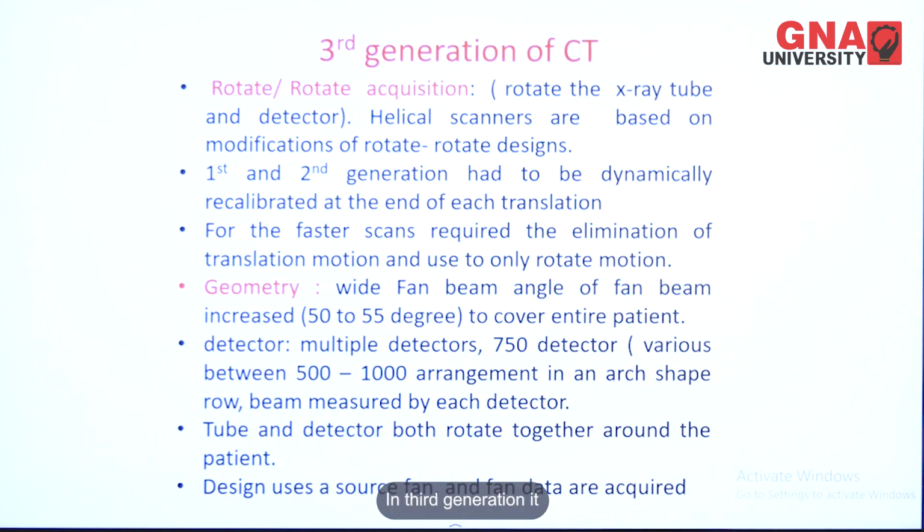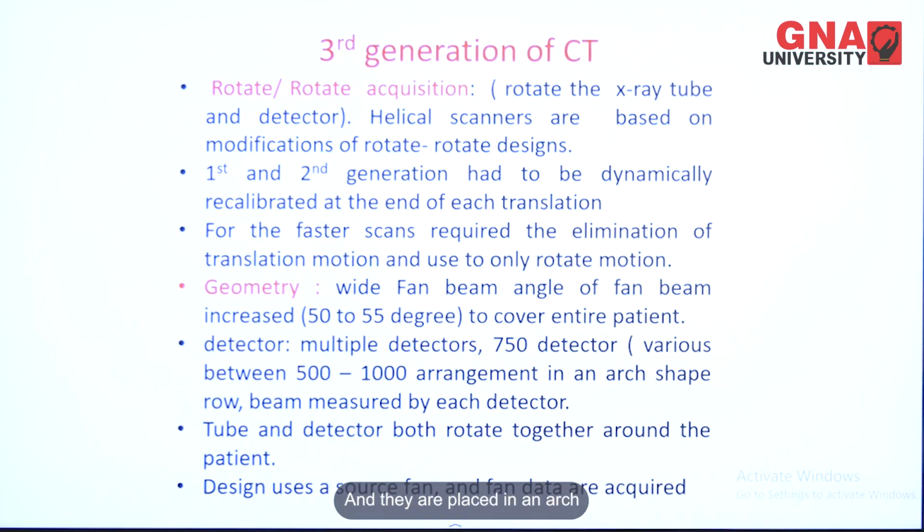In third generation, it ranged about 500 to 1000 detectors, or if we talk about a particular number, it's approximately 750 detectors. Again, by increasing the number of detectors, we are significantly reducing the scan time.